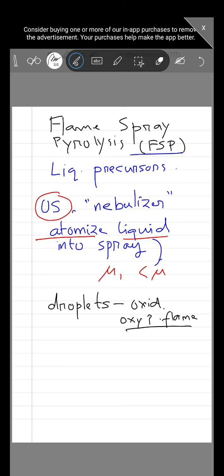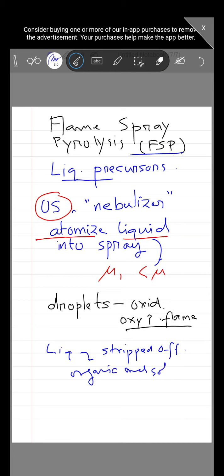And as the liquid traverses the flame, it is stripped of the organic and solvent components.